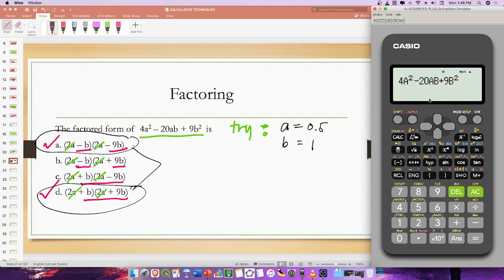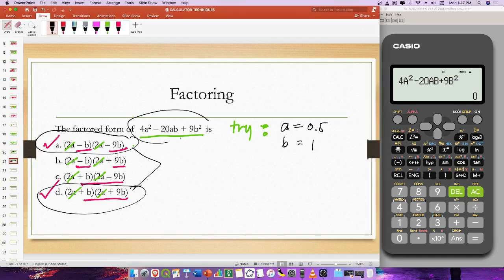Since this is just the value, A is 0.5, I will input A, B is 1. So the value is 0. Take note, the value of this is 0 if A is 0.5 and B is 1.